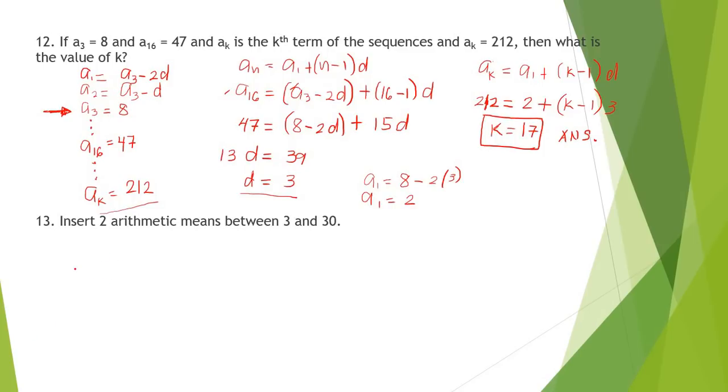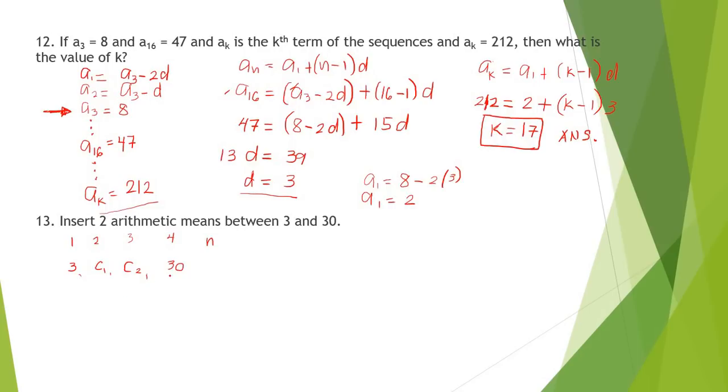So let us write our arithmetic sequence. We have 3 and 30, and we are required to insert two arithmetic means, C1, C2. Okay, so our number of terms are 1, 2, 3, 4.